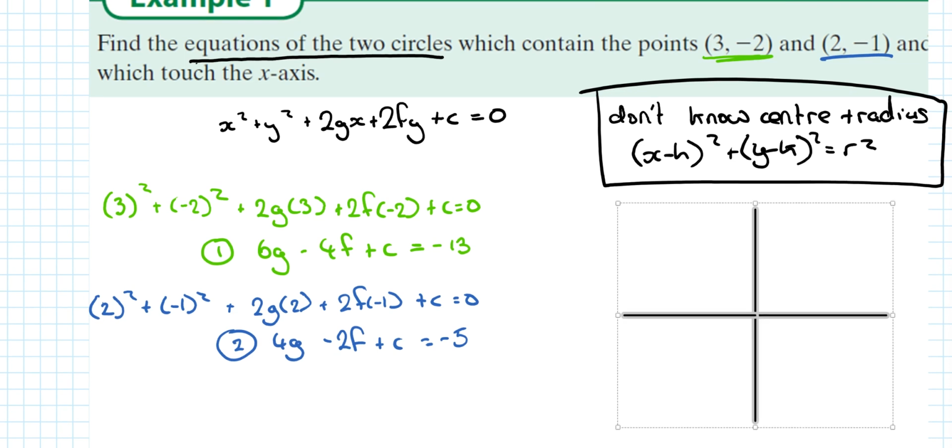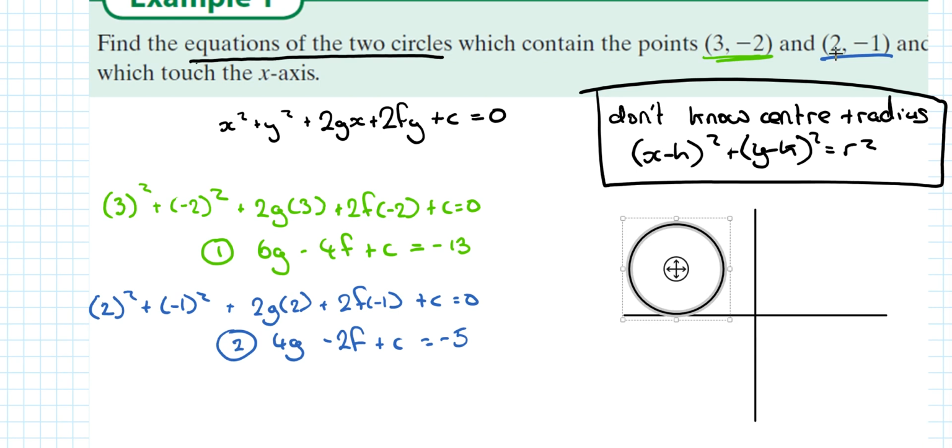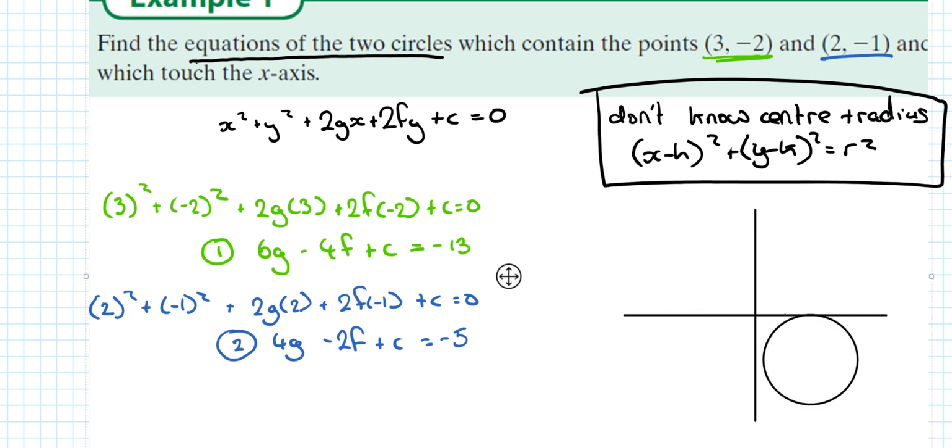We know that the circle contains the point 3, minus 2, so we're going to be looking over here. Something like that. Okay, so this might be 3 and this might be minus 2. Okay, something like this. What do I know about the radius?